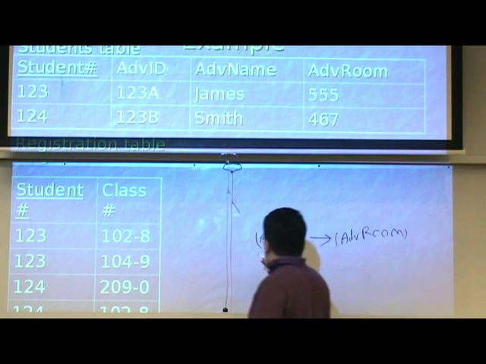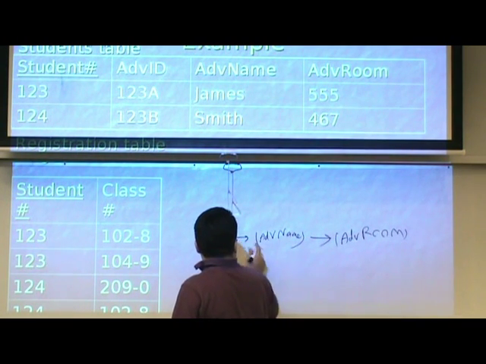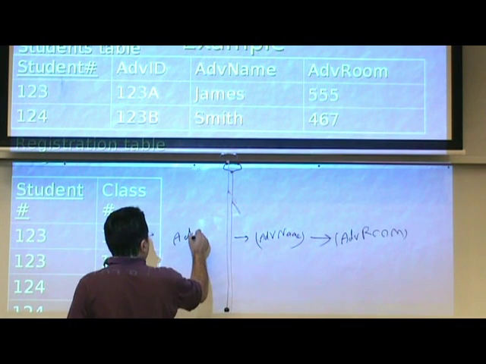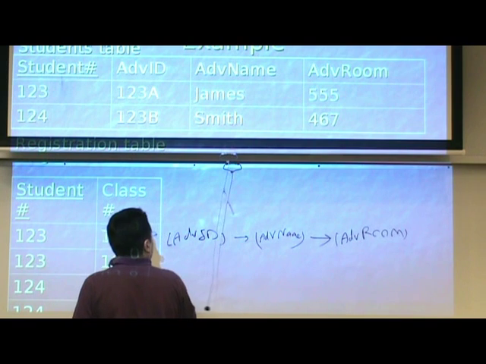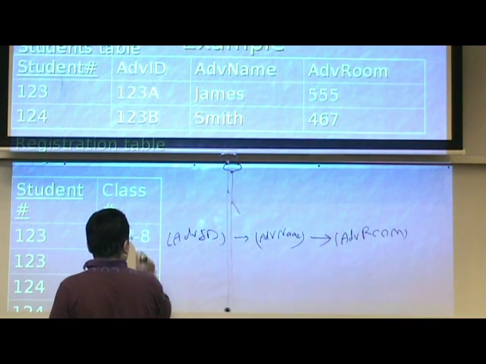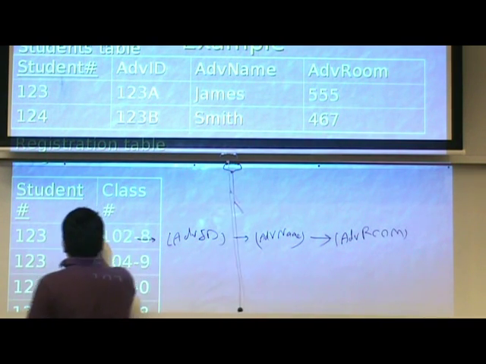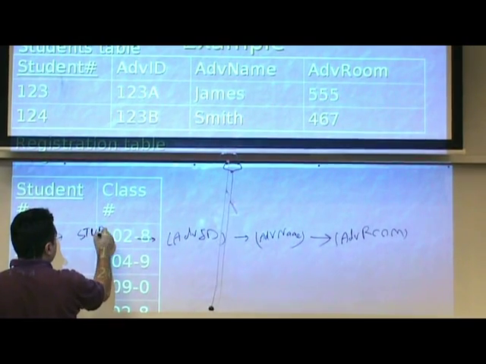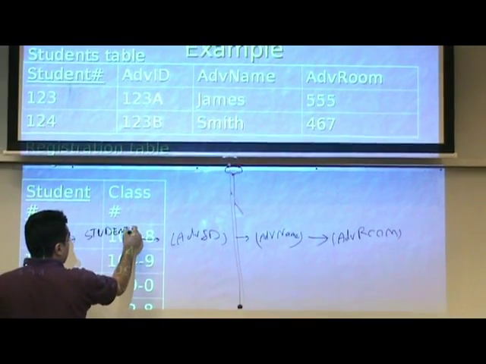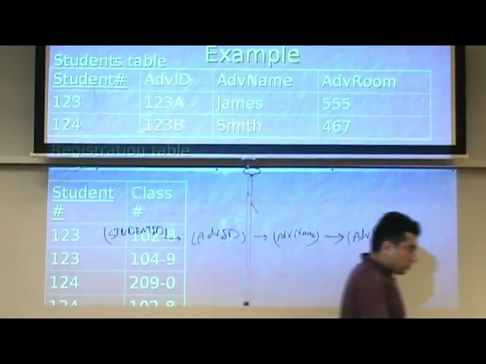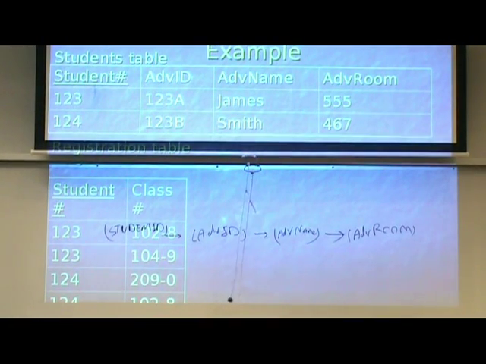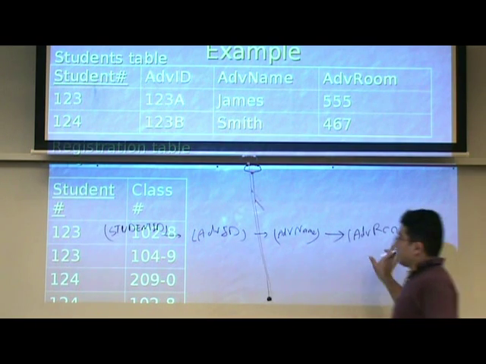If you know the advisor ID, then you can find out the name of the advisor. And if you know the student ID, you can find the advisor ID.